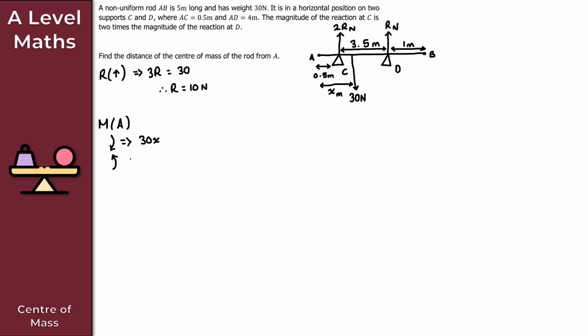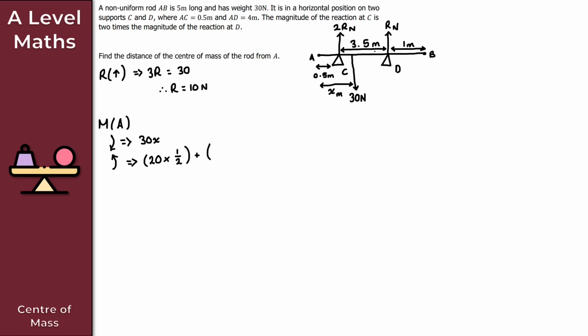And now for the anti-clockwise moments. As we said, that relates to these two forces. I've got the magnitude of the force, that's 2R, but we know that R is equal to 10, so I get 20 times the perpendicular distance, which is a half. So we have 20 times a half, which would give us 10, but we'll simplify that in a moment.